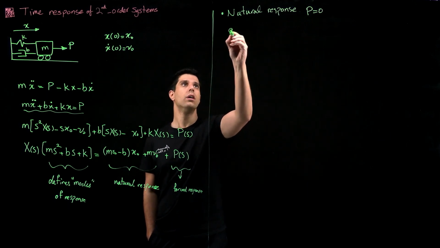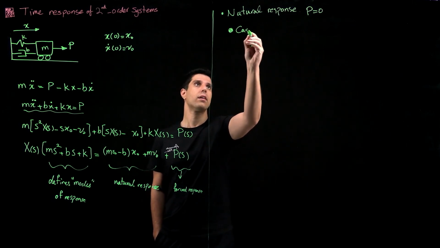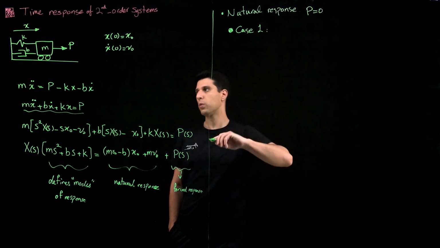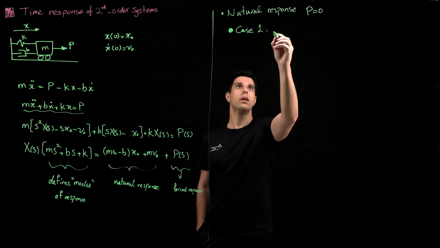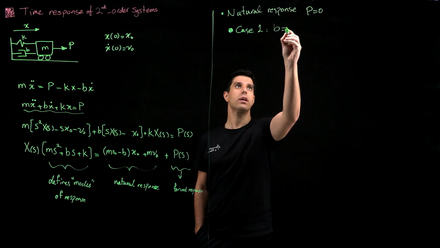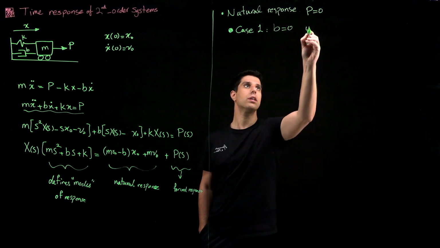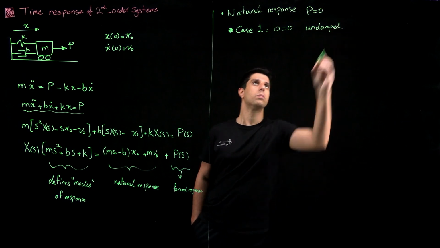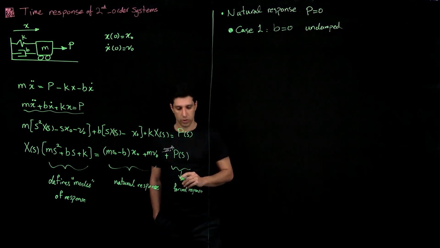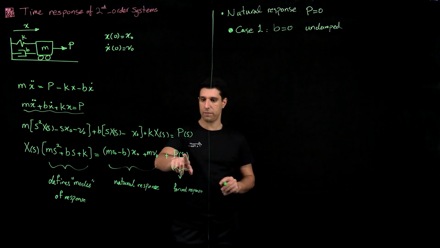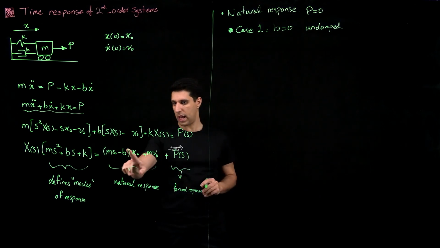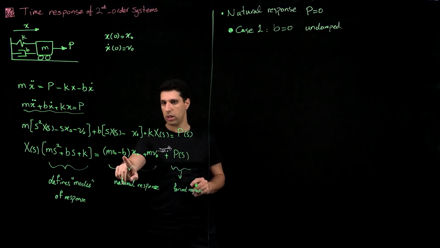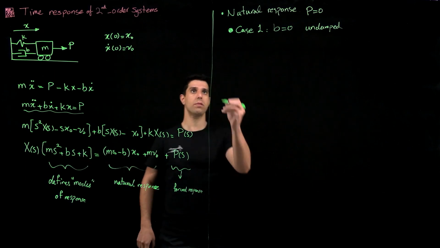So first case, case 1, we consider the system that has no damping. B is 0, so it's undamped. That's an easier starting point. So if P is 0 and B is 0, my equations simplify quite a bit.